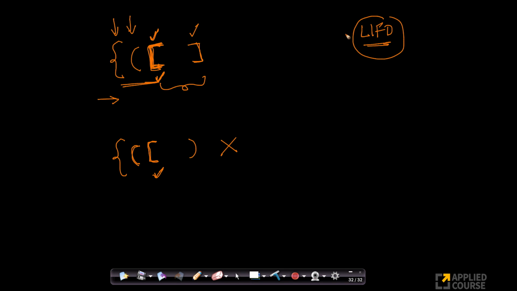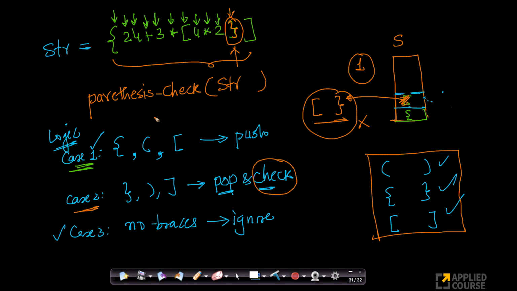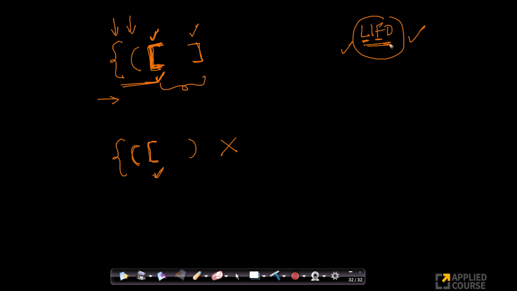So it falls into this neat structure: the last item that I've seen should be the same as the first item that I'll be removing. Because stack is a LIFO data structure, it is working well for us for parenthesis check. LIFO is basically the structure of the data, how each item of the data is related.